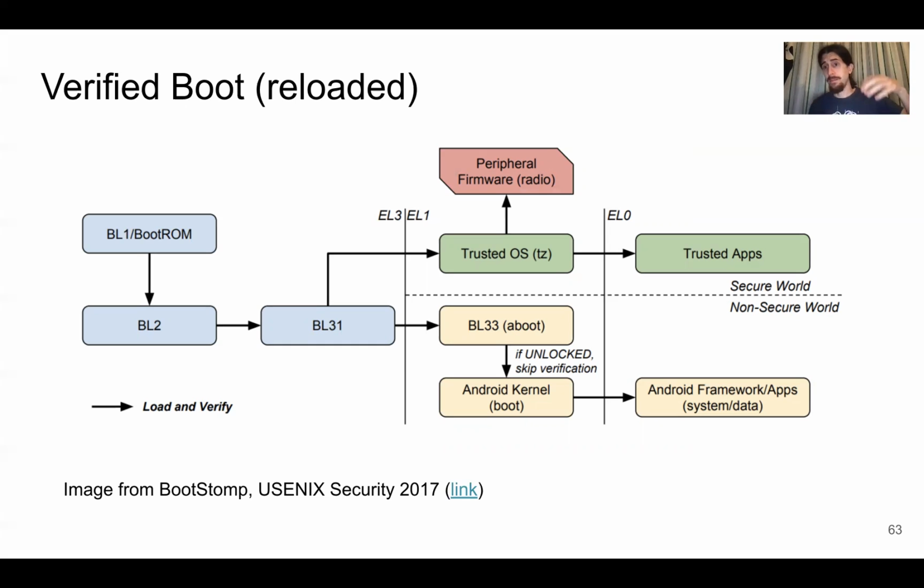So basically, it takes the code from the radio partition and boots it, and then it also starts the trusted applications. And again, as you see from this diagram, there is no real check for whether the bootloader is locked or unlocked for the secure world part. So unless you're one of the manufacturers, you cannot run your custom code there. Of course, there are ways to play with it.